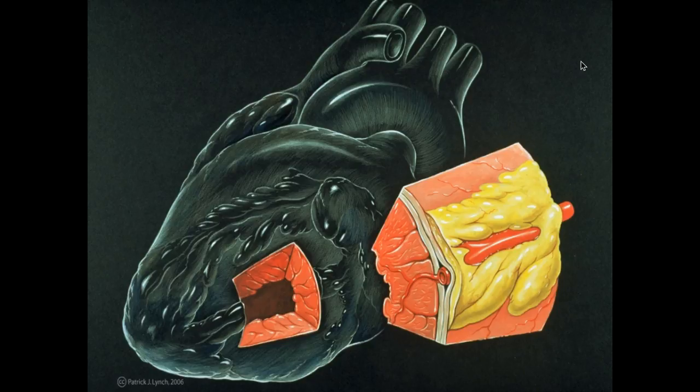So when one of those gets clogged, that's how people end up having a heart attack, due to either a clot or plaque buildup from fatty material or other waste materials that collect there. When those get clogged, we don't get blood supply to a certain section of the heart, and it actually dies.